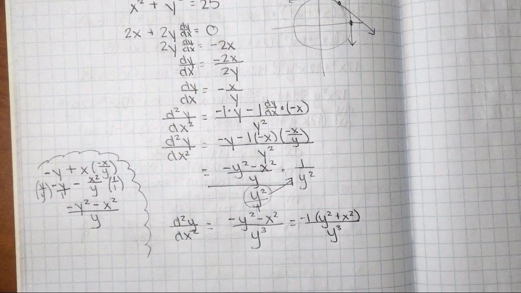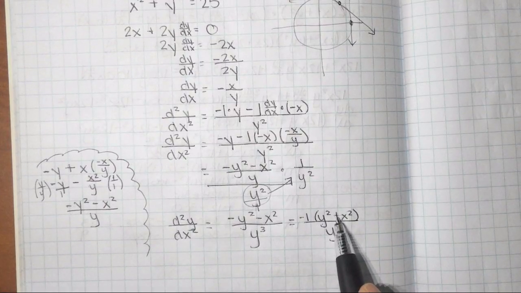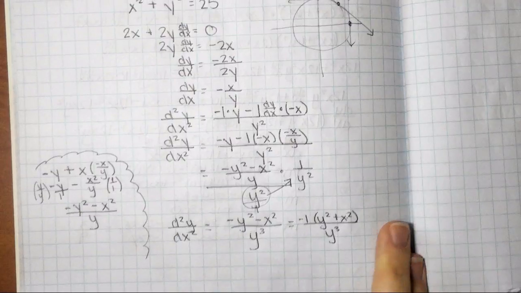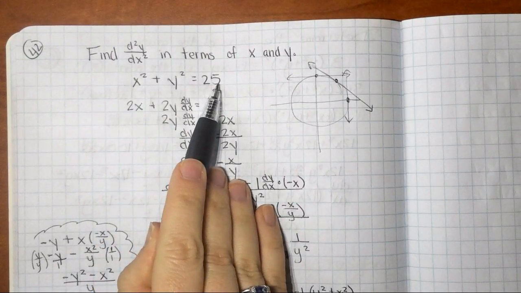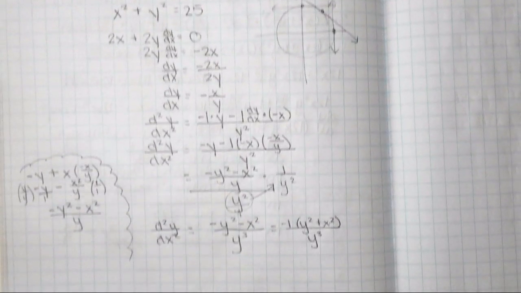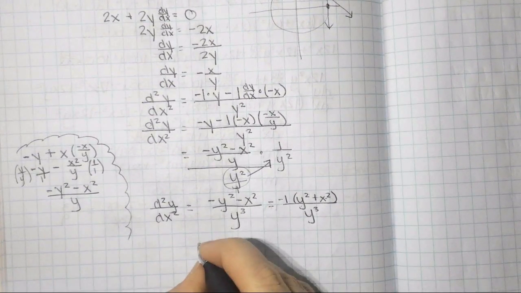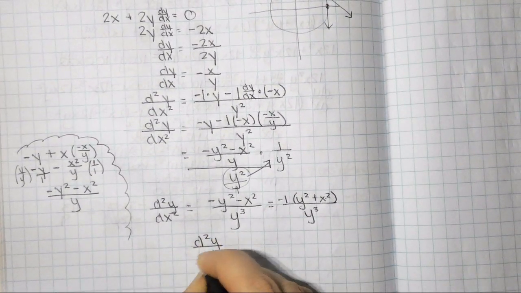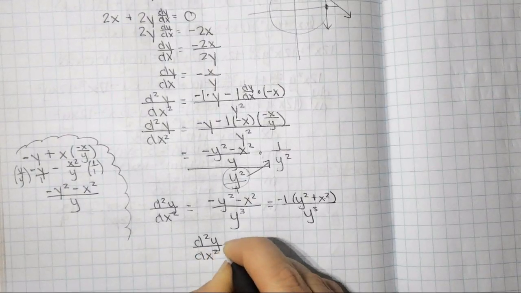And there's one other item we could actually do. Let people think, unless you don't know what it is. Guys, you know that y squared plus x squared is 25. So here, the second derivative, did you know what it was or no?